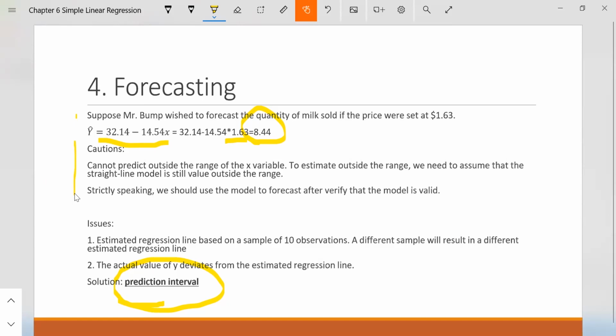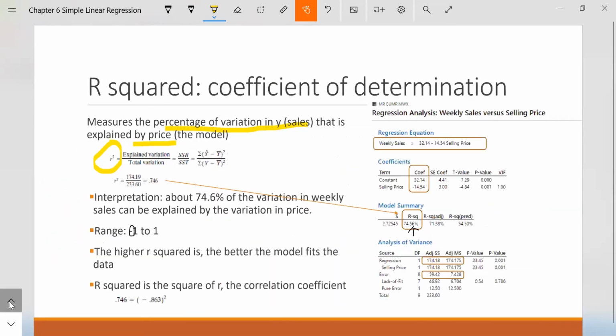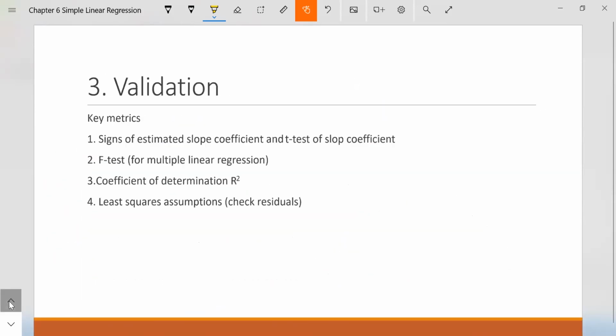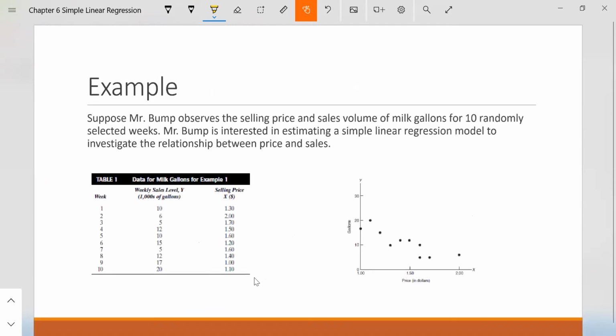Then for your prediction, we will be very careful if we have to predict outside the range of the X variable. So I want to move back to our data quickly and show you what I mean. Back here, this is the data we use to estimate the model, right? If you focus on the selling price, the range is between $1 and $2.